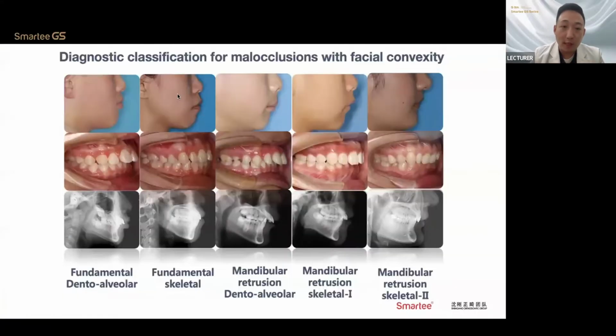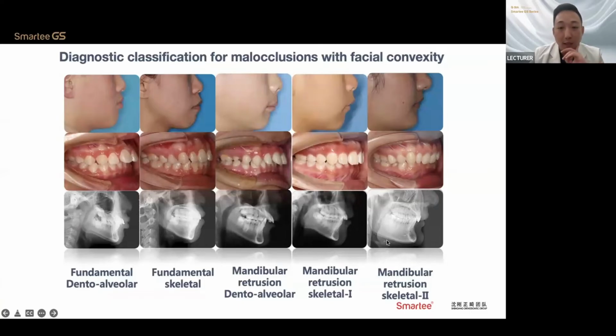Okay. As for the classification, that's a word I always say is not very good. This kind of problem we call mandible retrusion skeletal 2, which means his maxilla is overgrown. There is a very backward elbow here, you can see, and also the incisors lean back, and at the same time, this kind of case has the problem of a retrusive mandible.